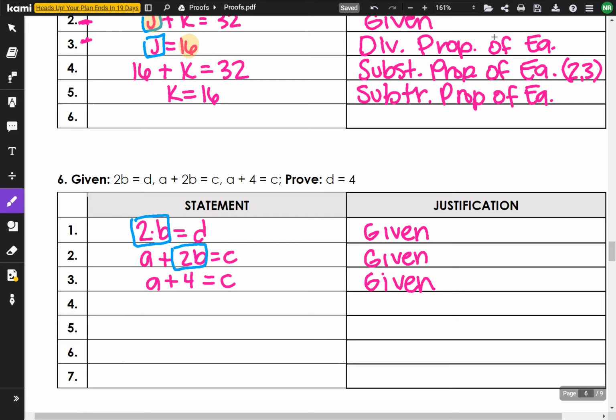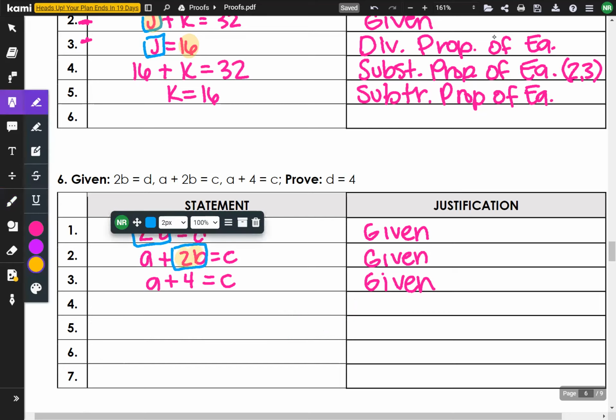There is not a property because there's an A there. If 2b and 4 were on their own, just say it were A plus C equals 2b, A plus D equals 4, then you could say 2b and 4 are the same because they're by themselves. But here they're added to A. Anyway, Brock pointed out that 2b is equal to D, so I can put D anywhere I see 2b.